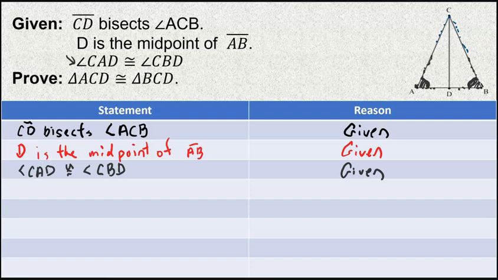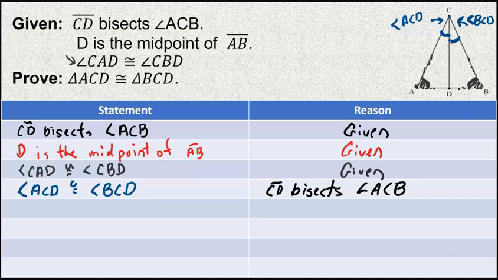The way I can address that is it's going to give me two congruent angles, because bisecting means cutting exactly in half. So now I know here this angle ACD is congruent to this angle BCD, and I could use that to forward my proof.